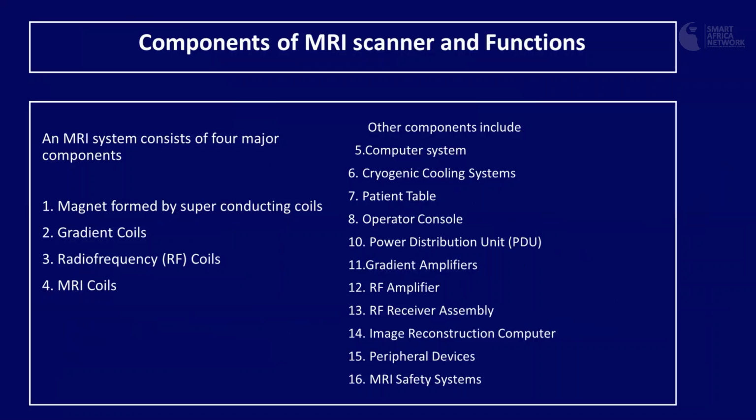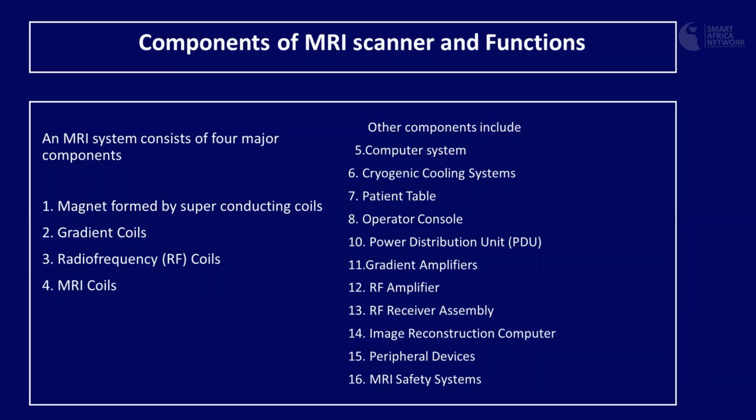And the components of an MRI scanner. There are 4 major components of an MRI machine, and these include the magnet, usually formed by superconducting coils, gradient coils, the radio frequency coils, and the MR coils.